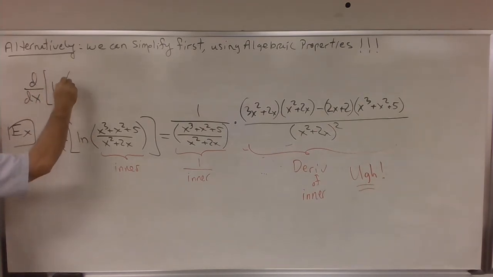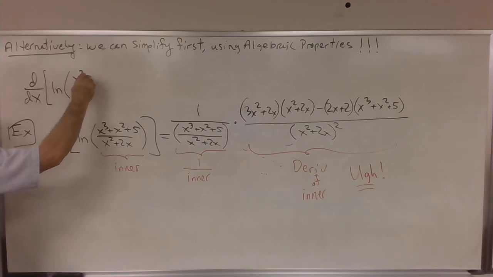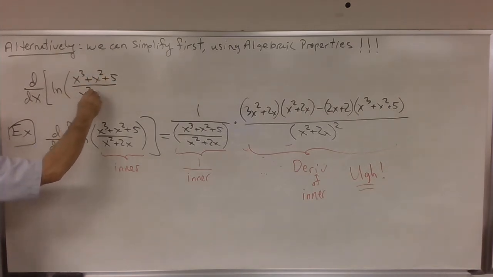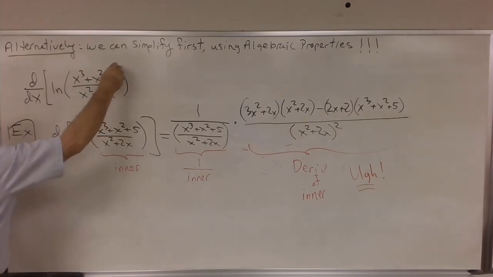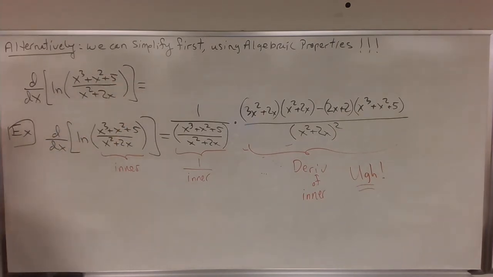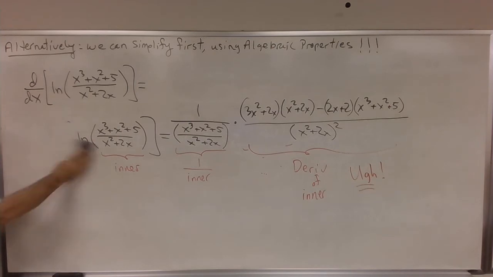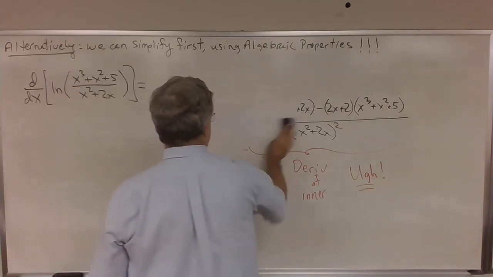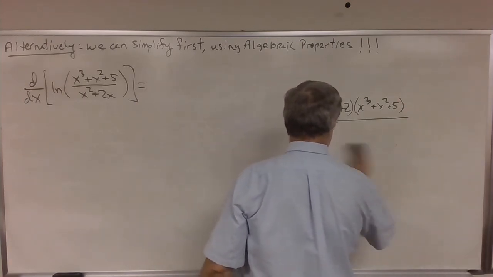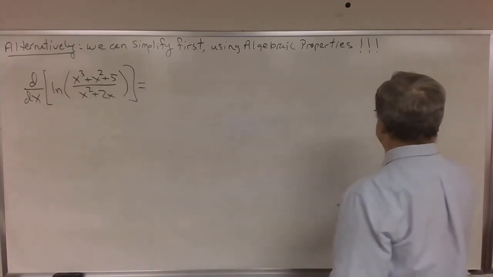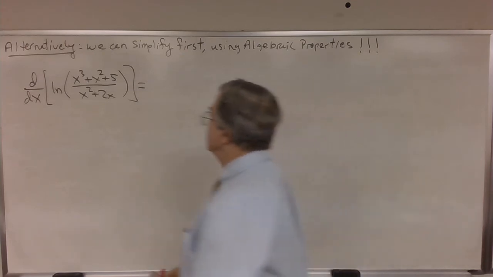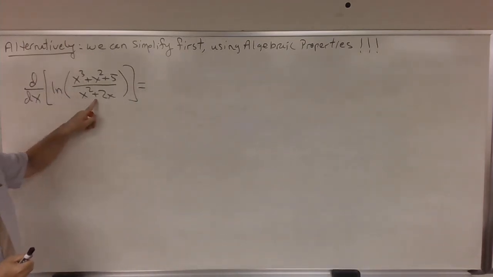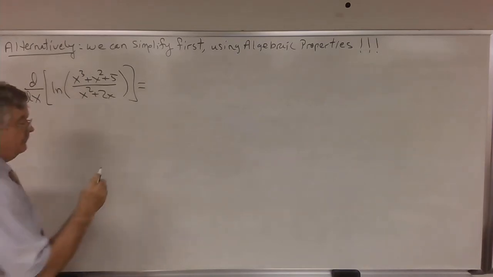Natural logarithm of x cubed plus x squared plus 5 over x squared plus 2x. We have the natural logarithm of a quotient.